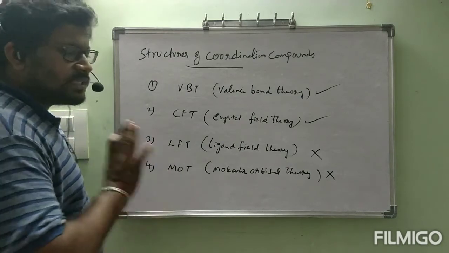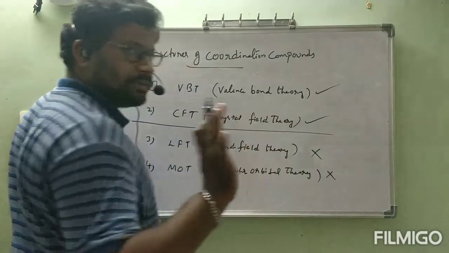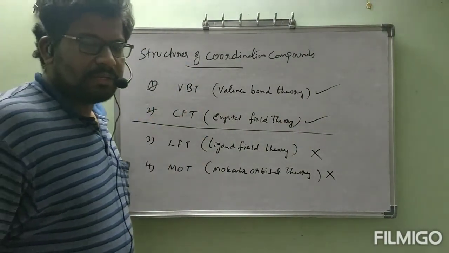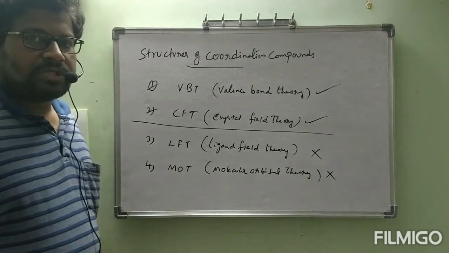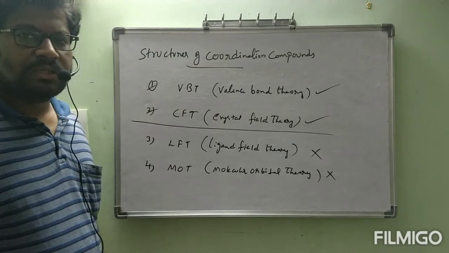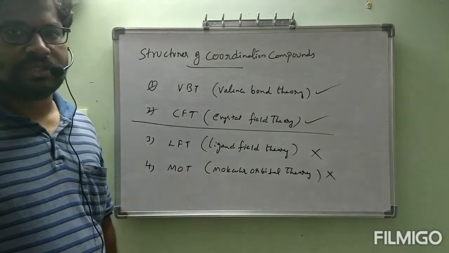So our study is limited to these two only, valence bond theory and crystal field theory. Now we have to start with valence bond theory and in what way it tries to explain the bonds present in coordination compounds. That is nothing but structures of coordination compounds.